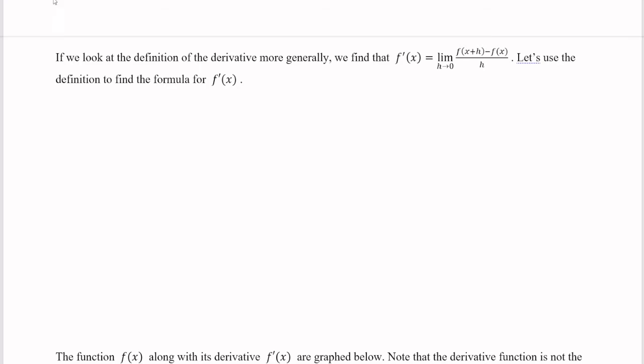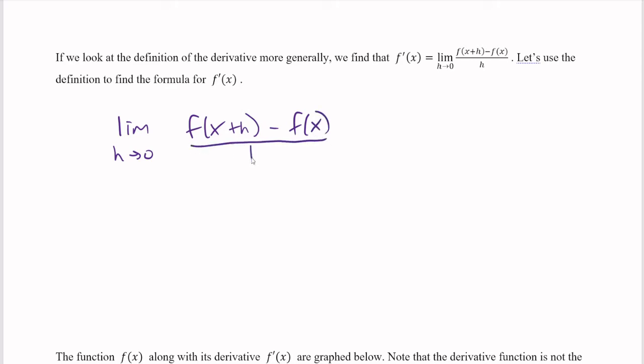So we can start off very similarly to what we did before. Limit as h goes to 0 of f of x plus h minus f of x over h. Again, it's just like we had with the -5s before, but I'm allowing x to be anything now. Any input you want.